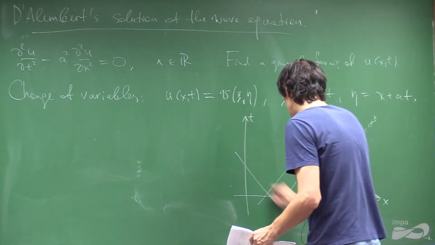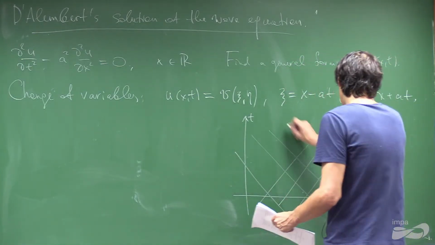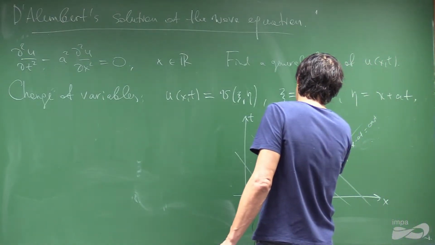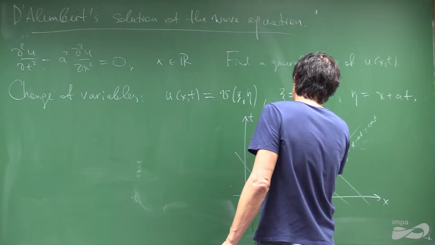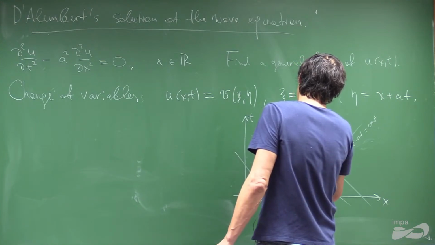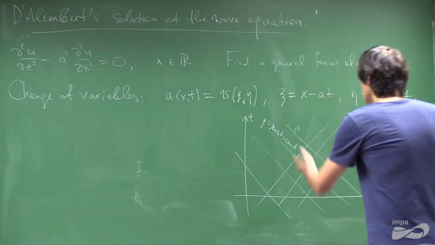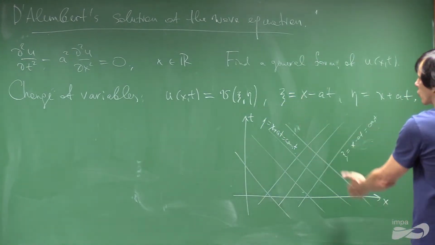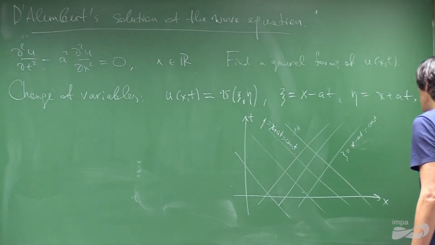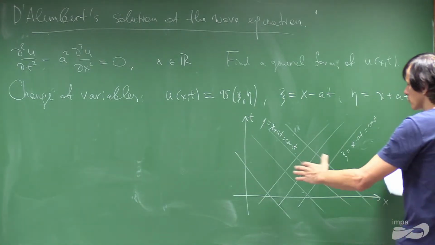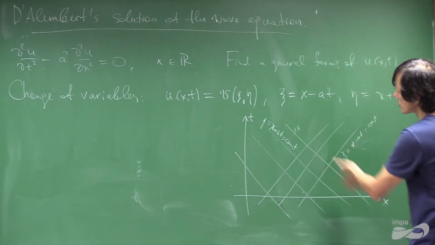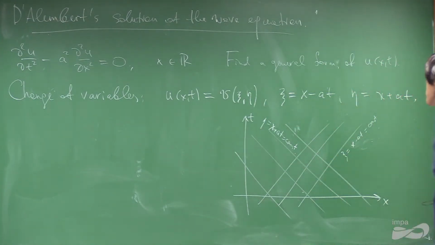And then we have also lines in the other direction where eta, x plus at, is constant. So these are constant lines of xi and eta, and this is a new coordinate system, where instead of horizontal and vertical coordinates, we take coordinates which are diagonal. We can do this.